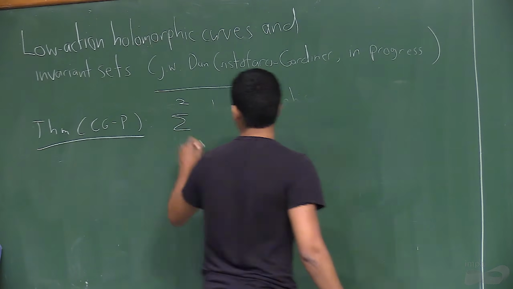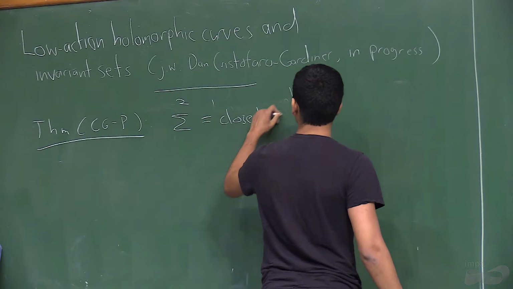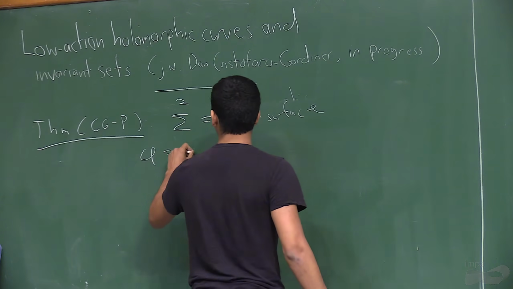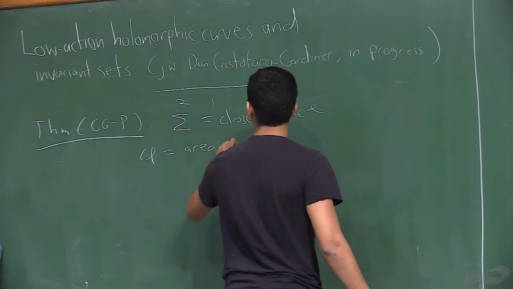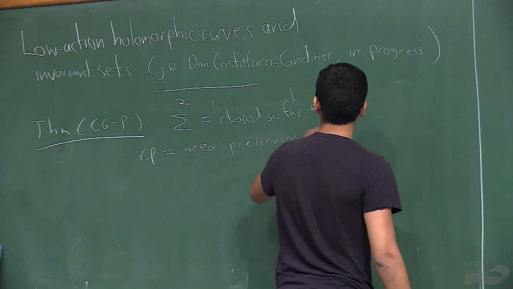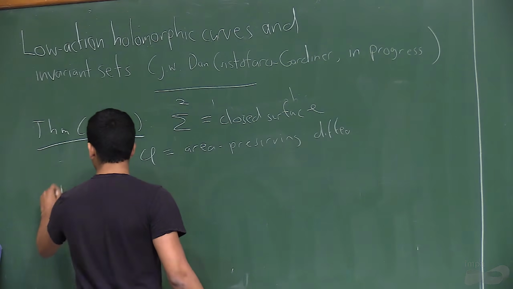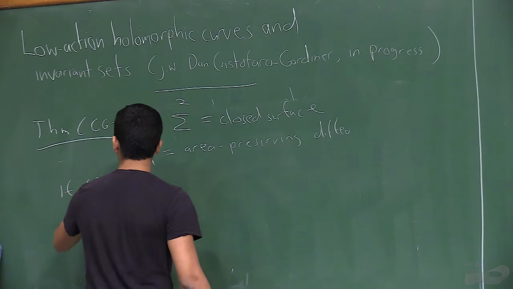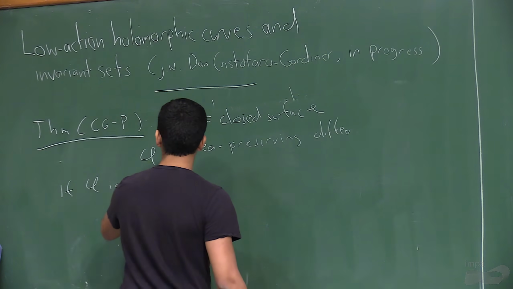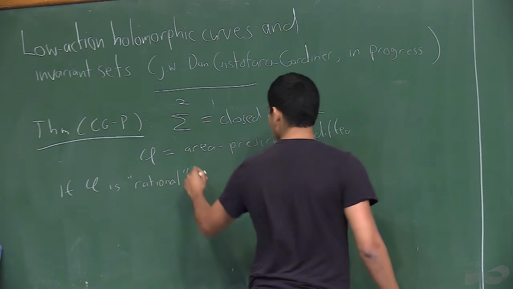So let me fix sigma to be a closed surface and phi to be an area-preserving diffeomorphism. So then, if phi is what we call rational, this is some kind of weak homological restriction.